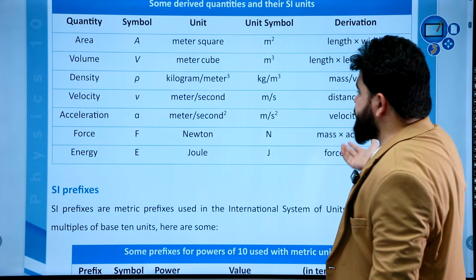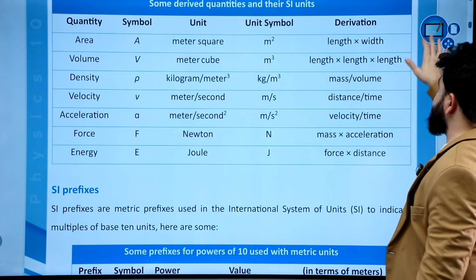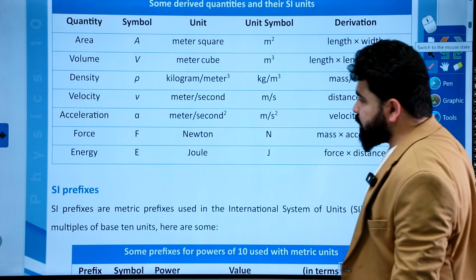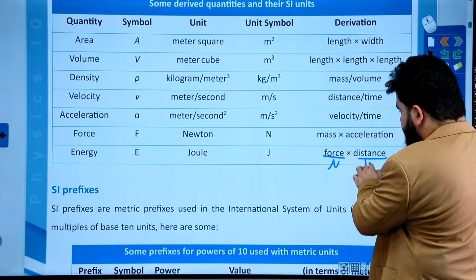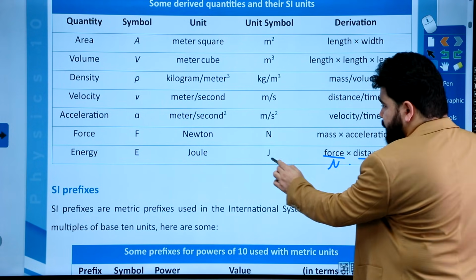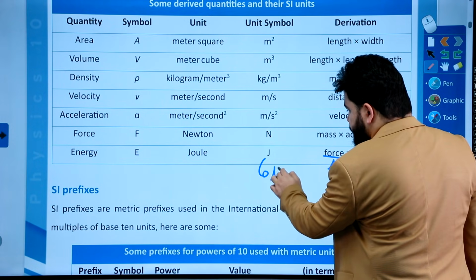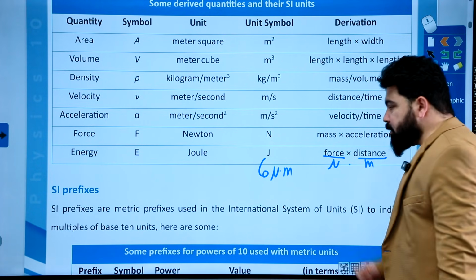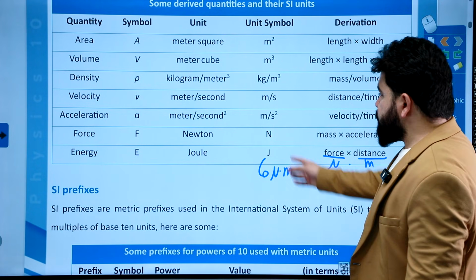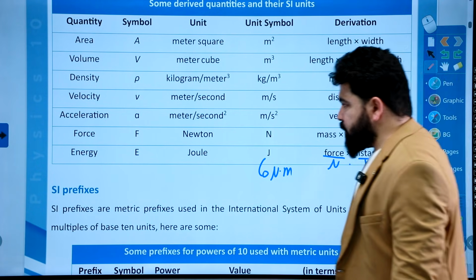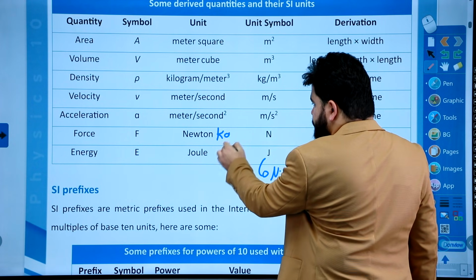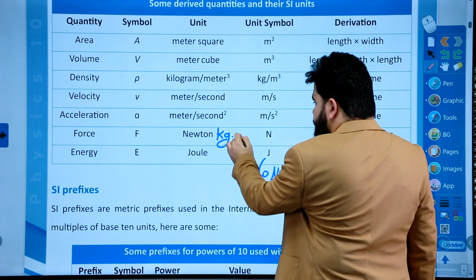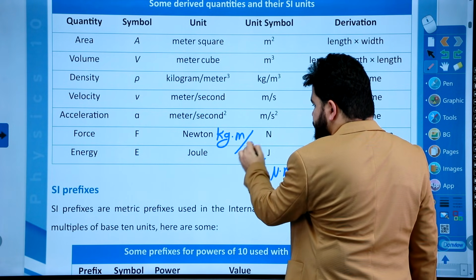But be careful. Some of these units can be expressed differently. For example, this is Newton and this is meter. So I can say that joule can be expressed as both Newton meter or joule. Newton also, which is the unit of force, can be expressed like this too: kilogram meter per second squared.